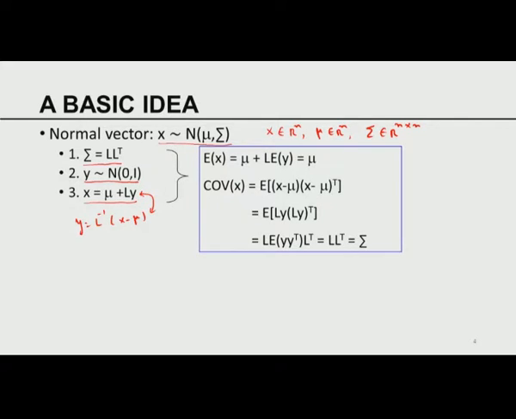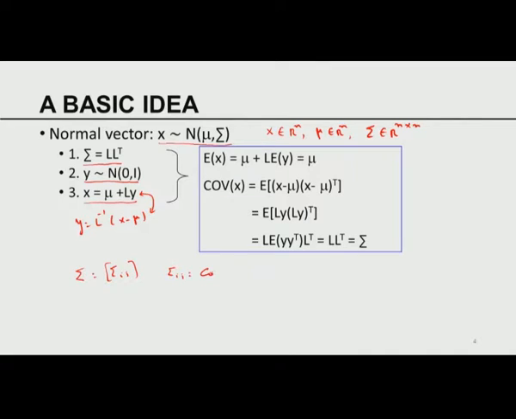So what does this tell you? If somebody gives you a random variable, how are we going to be using this? We have talked about what is called a whitening filter. What is a whitening filter? In general, sigma is a matrix with element sigma ij. What is the value of that?